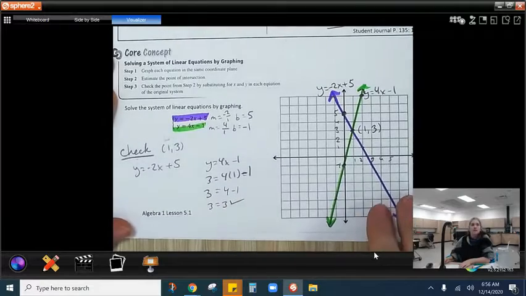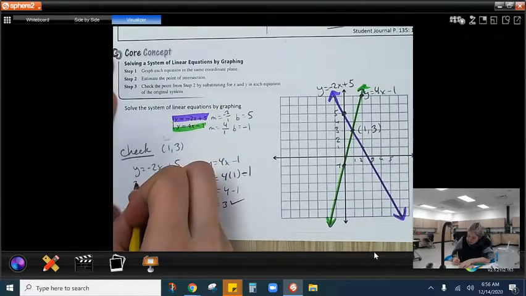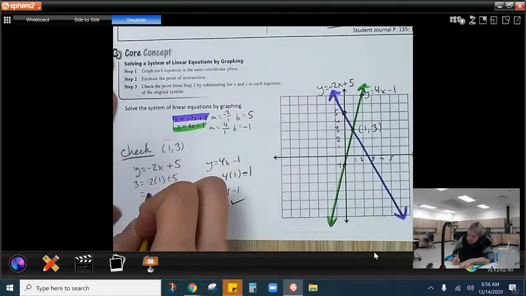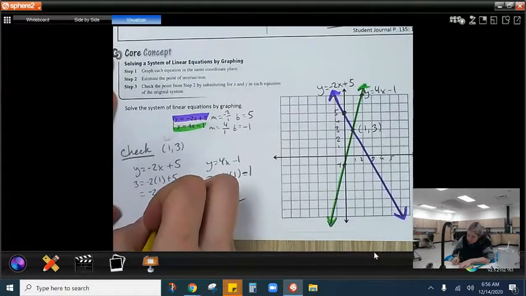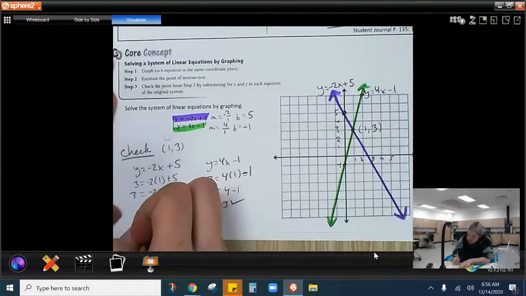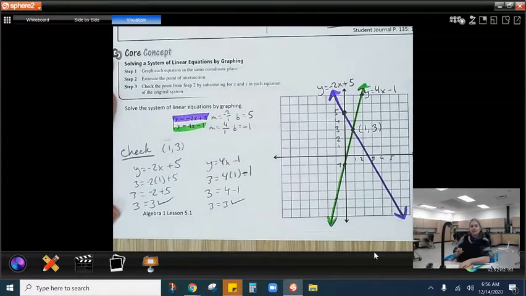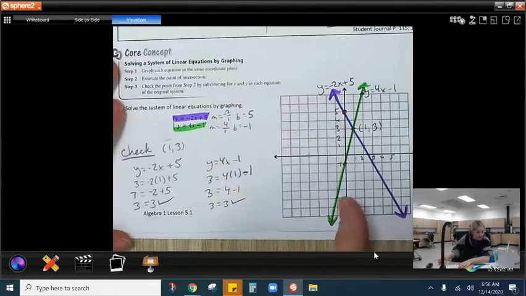Does 3 equal 3? Yes, it does. For the other one, we have 3 equals negative 2 times 1 plus 5. Negative 2 times 1 is negative 2. When you add 5 to that, you get 3. Does 3 equal 3? Yes. So is this a solution? Yes, it is.